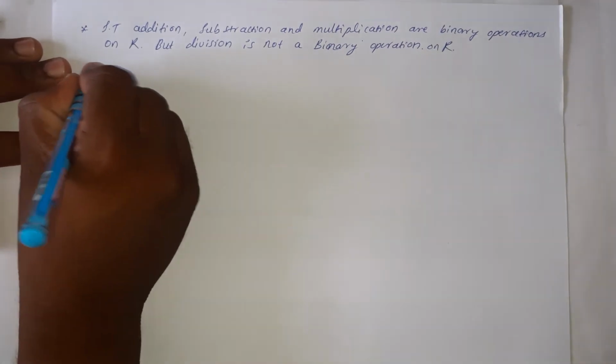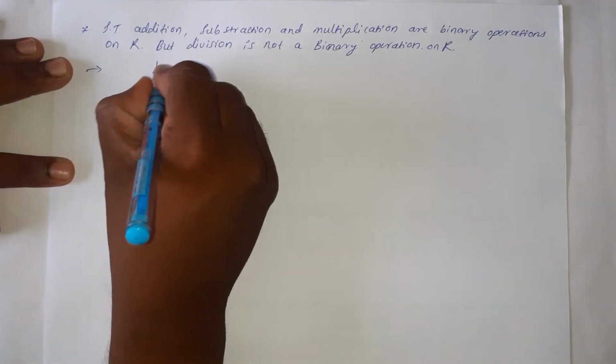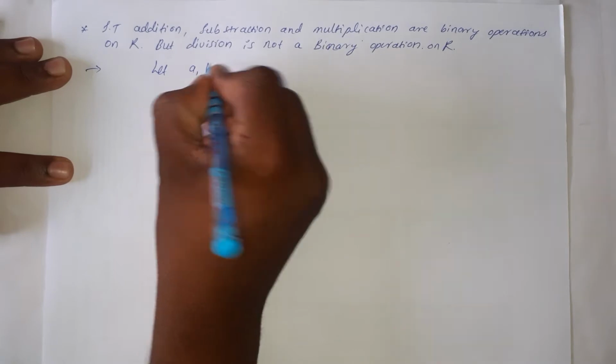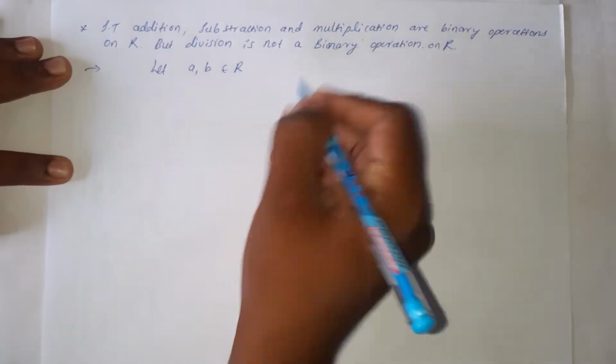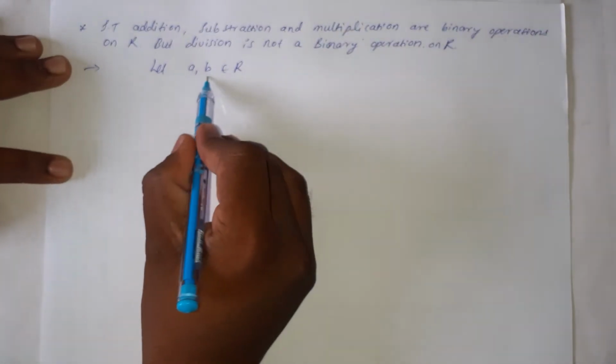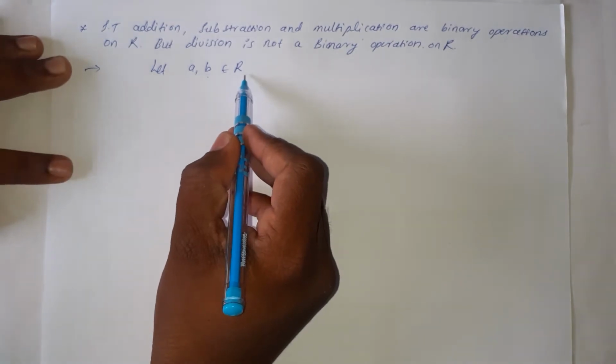To solve this one, let us consider the two elements a and b in the set of real numbers.